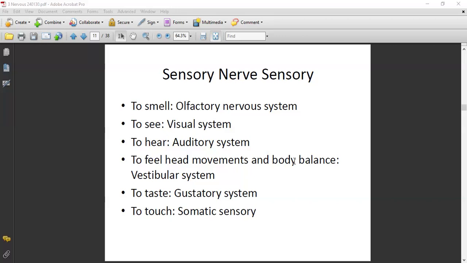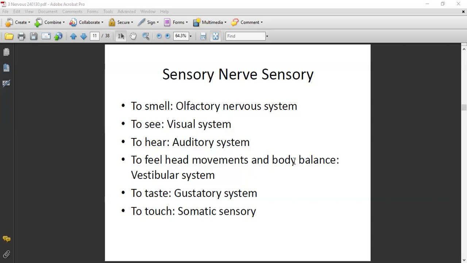That's the vestibular nervous system. You can taste food, right? Your tongue can taste sugar, right? Your juice, right? So those are sensory, and you can touch. And so all these are sensory.